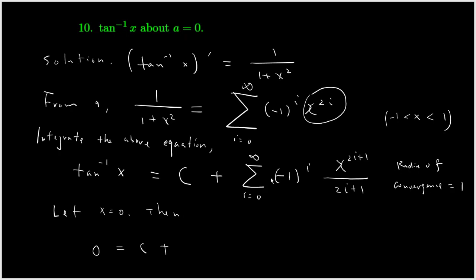Do you see, if x is 0, then all the terms are zeros, and the sum of many zeros is 0, of course, right? So the series part is equal to 0. So we have c value of 0. Okay.